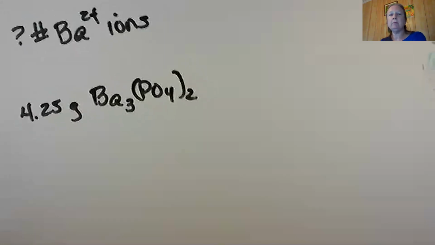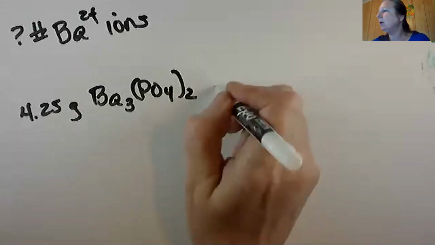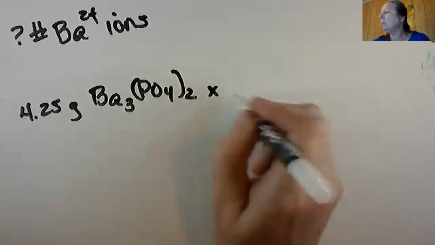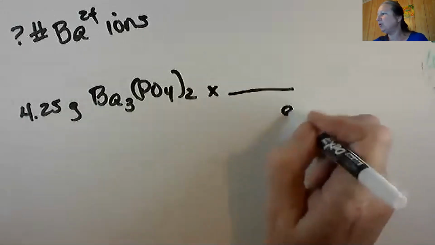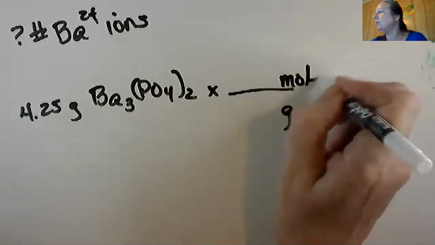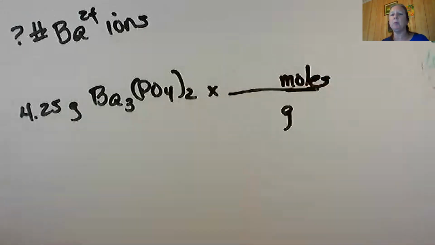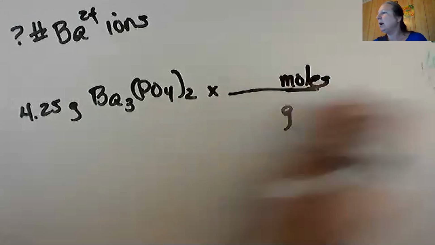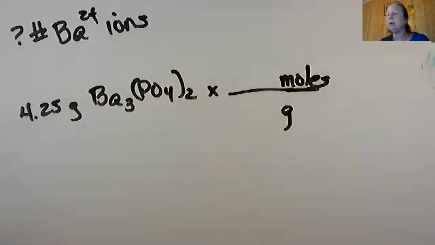So first thing, convert to moles. Because it's just a good thing to do, and you're going to need to do it because we have to have moles to convert anything. I am changing identity from a compound to an ion.